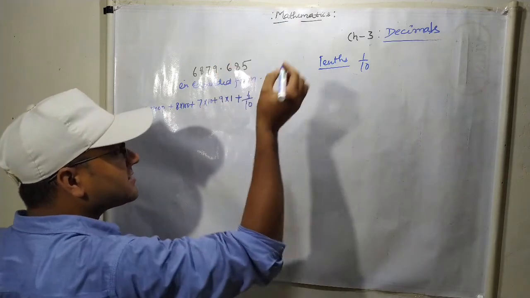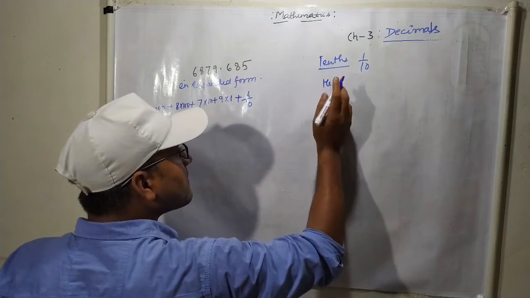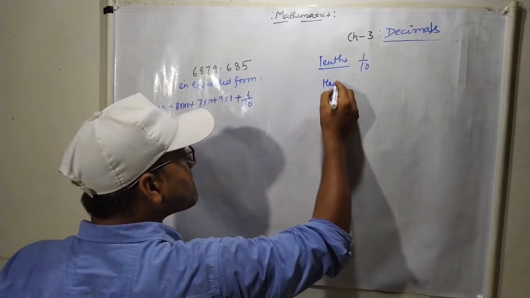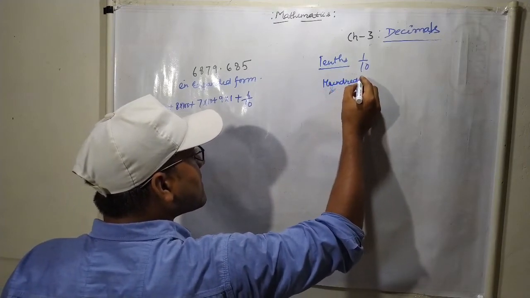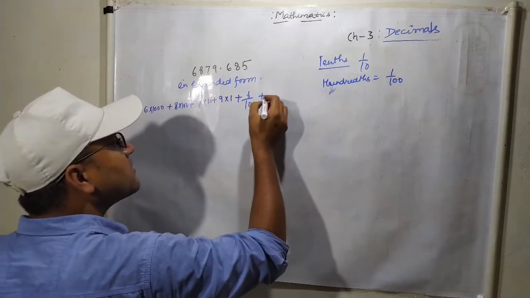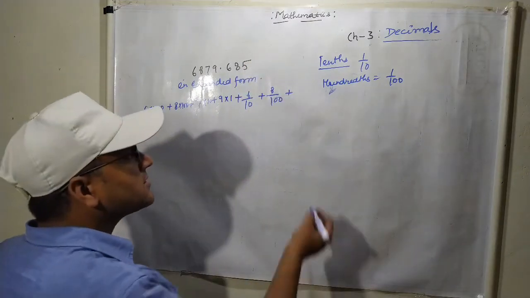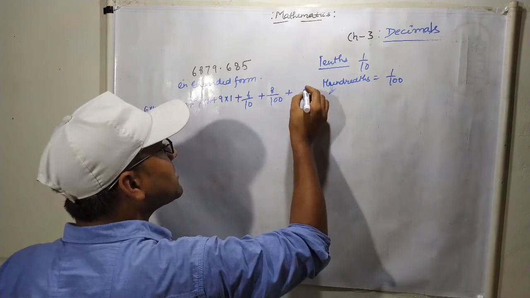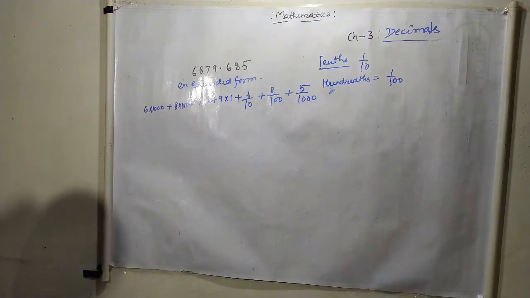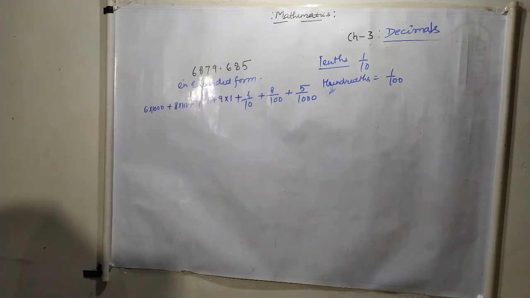This is the hundredths. Hundredths means 1 upon 100. Here is the 8, so 8 upon 100. Here this is the thousandths. Thousandth means 1 upon 1000. Here is a 5, 5 upon 1000. So this is known as the expanded form of the given decimal.